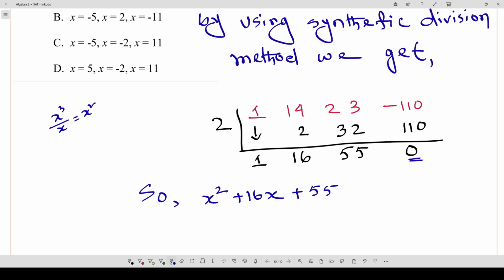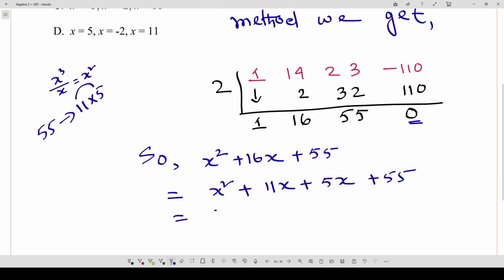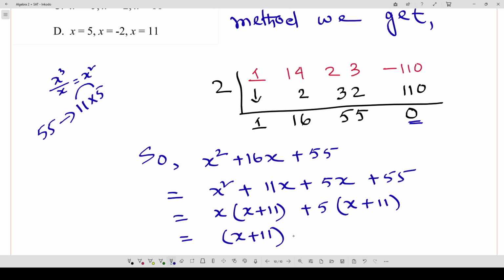Now we can easily find the values. 55, if we factorize, we can write 11 times 5, and 11 plus 5 is 16. So we can write x squared plus 11x plus 5x plus 55, right? Now we take common x, we get x plus 11, and 5, again we get x plus 11. Finally, it is x plus 11 and then x plus 5, right?